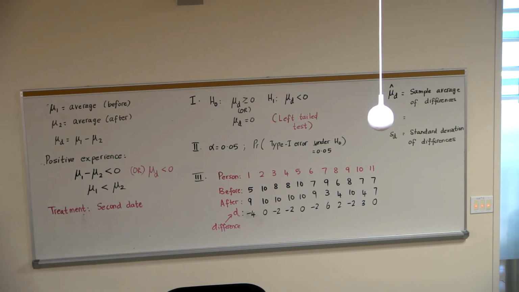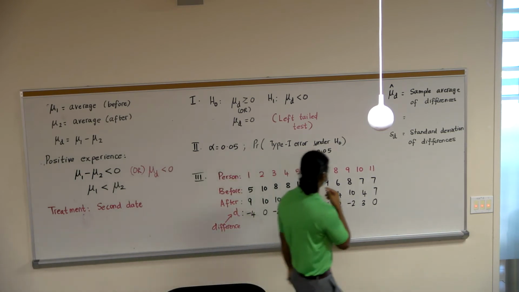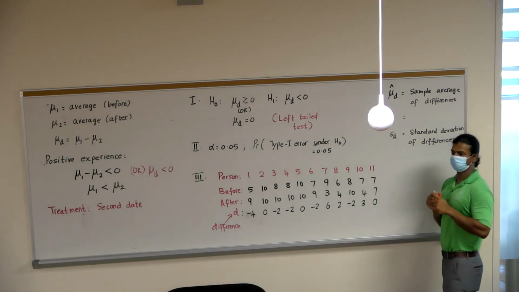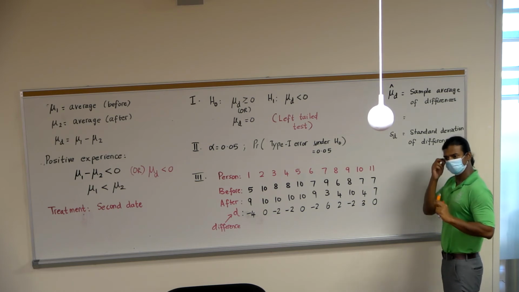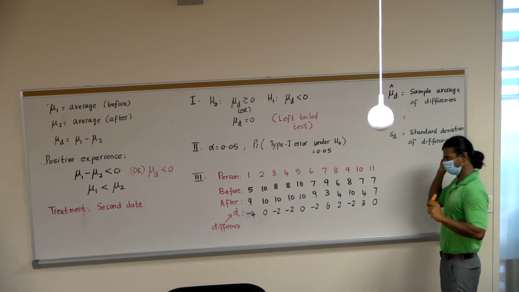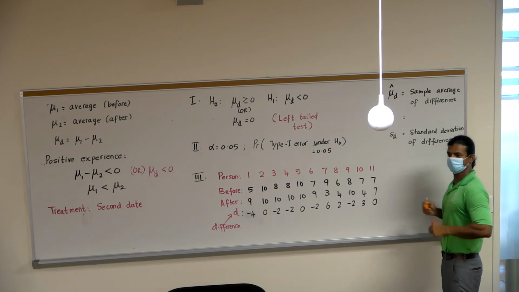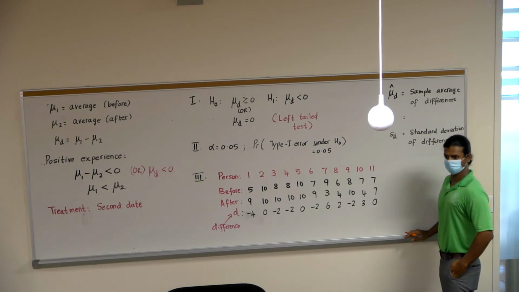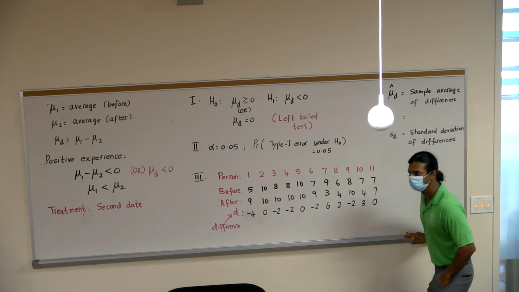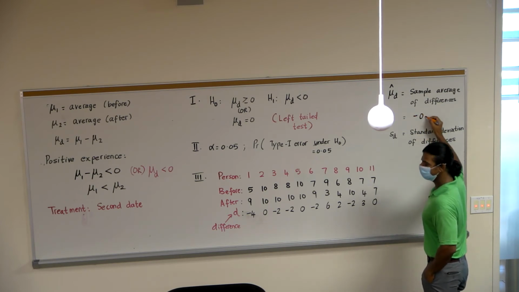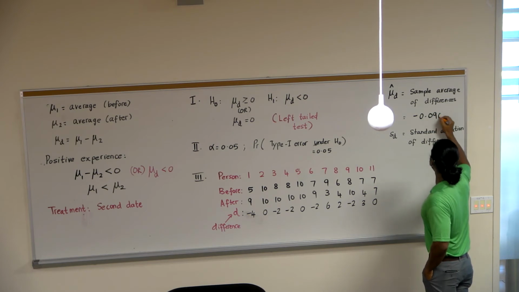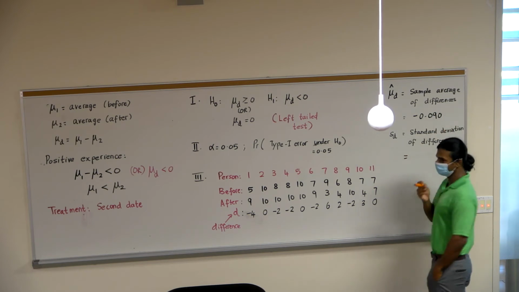So what is the sample average of differences? Negative 0.0909. Okay, standard deviation.